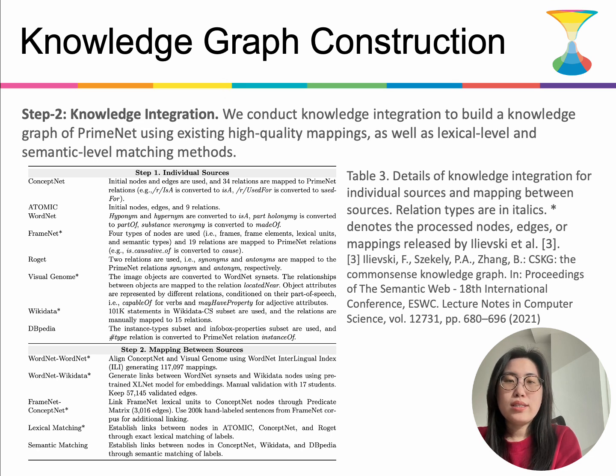We first deal with individual sources and then build the mappings between different sources using existing high-quality mappings as well as lexical level and semantic level matching methods. Table 3 summarizes the details of knowledge integration for individual sources and mappings between sources.